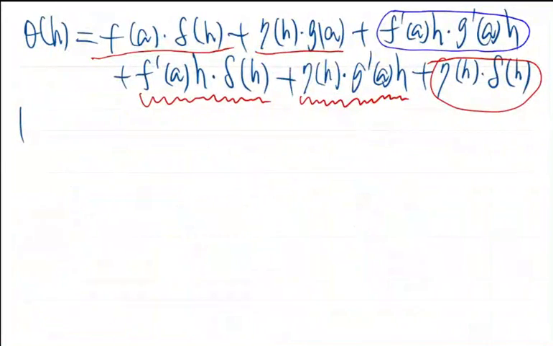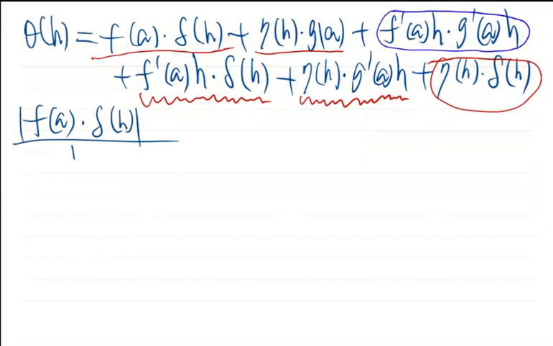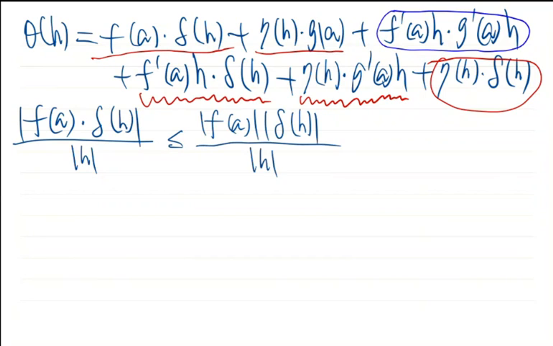Okay, so f(A)·delta h divided by the norm of h. What's this? Here, f(A) and delta h are elements in R^m. This is the inner product, the absolute value of the inner product. By the Cauchy-Schwarz inequality, this is not greater than the norm of f(A) multiplied by the norm of delta h, then divided by the norm of h.